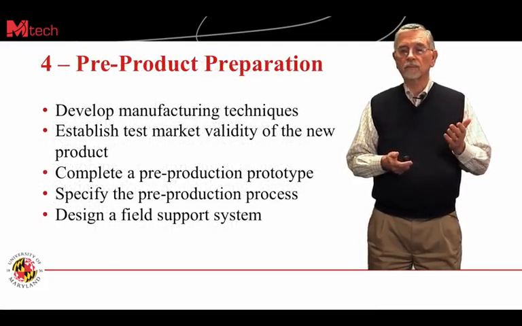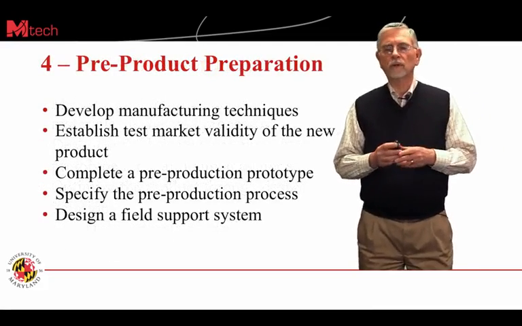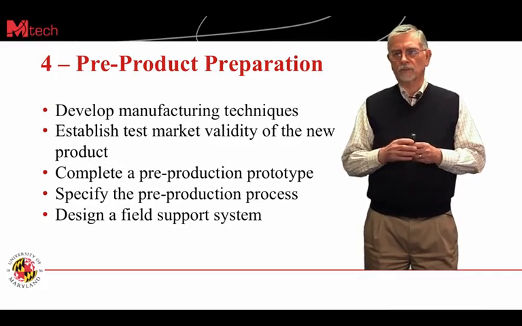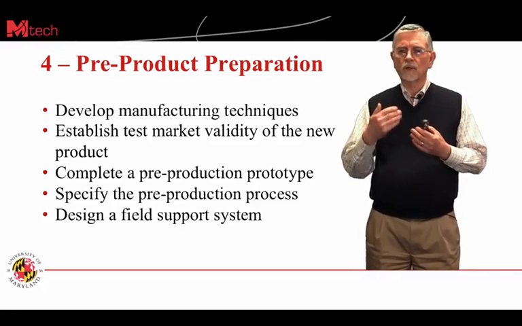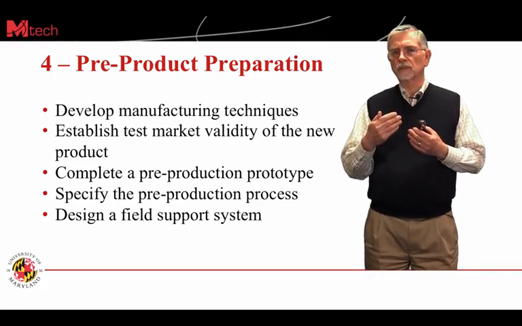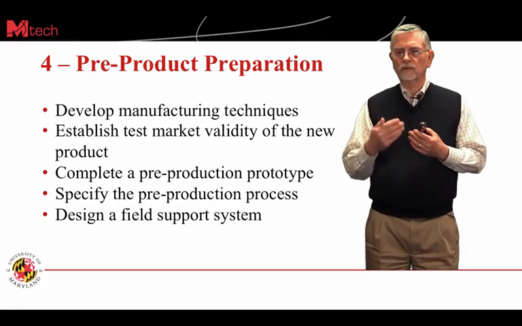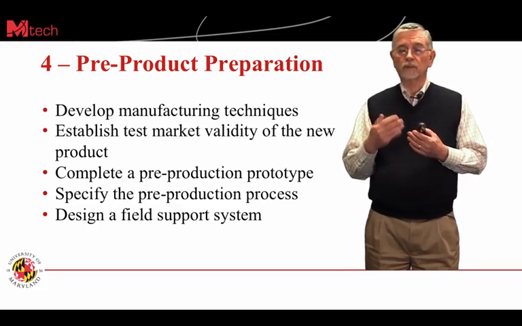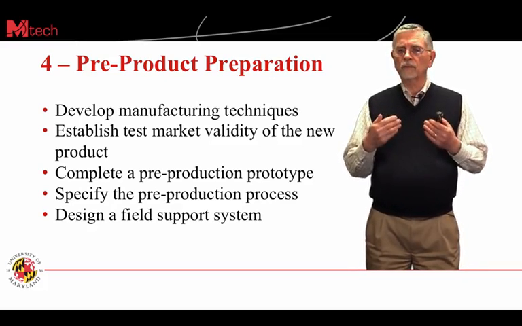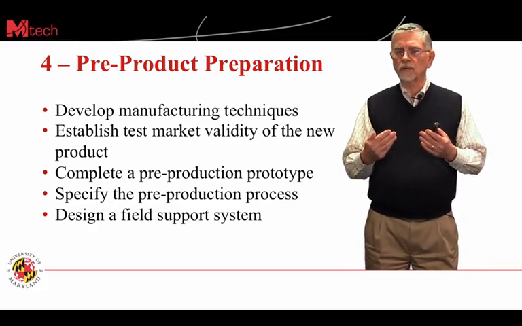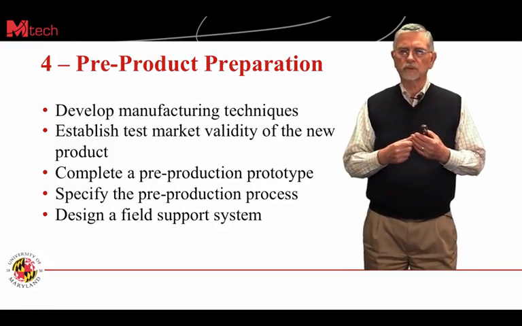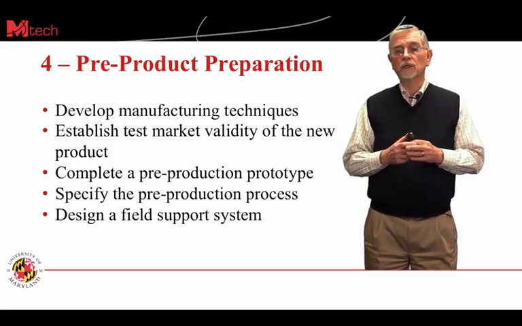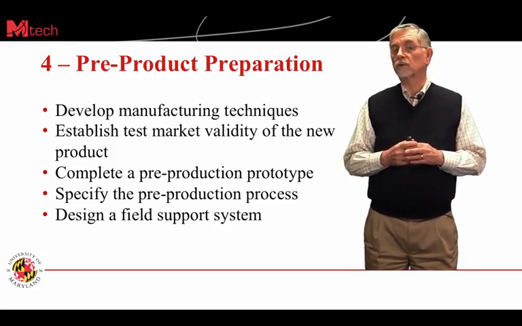So the next step is you're ready for pre-production. And so, in anticipation of production, you want to develop some things that will make that manufacturing process really function well. And so you develop manufacturing techniques. How are you going to manufacture this? What kind of tools are you going to use? What kind of materials are you going to use? So you also want to establish some test market validity of the new product.